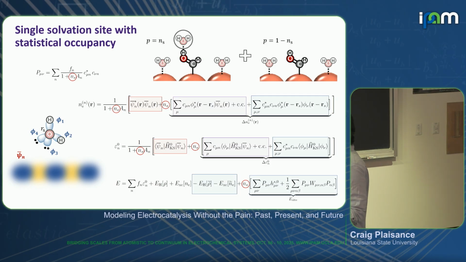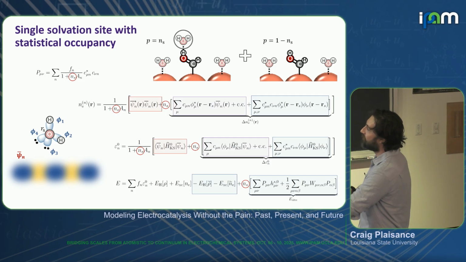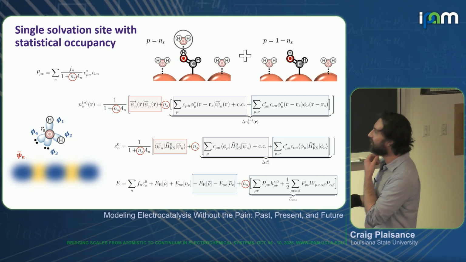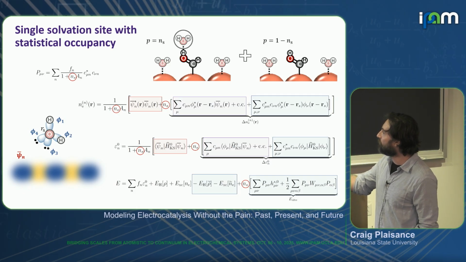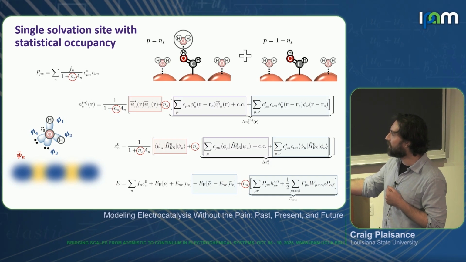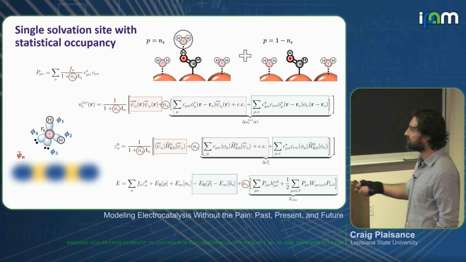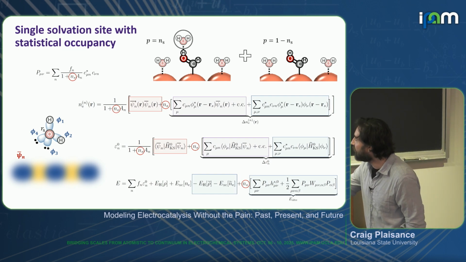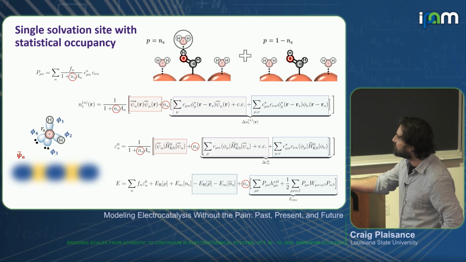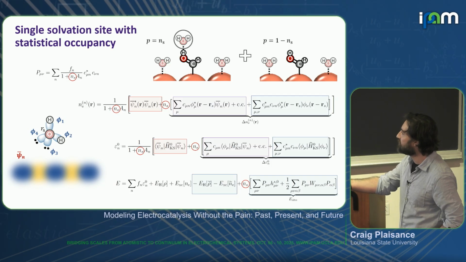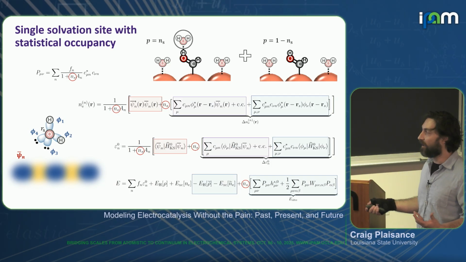Okay, so that was a single water that's always there. That's like a static calculation. What if we considered that the occupancy of that site could vary? Now we can consider two states, one with the water and one without. We define an occupancy N_S, where the occupied state has probability N_S and the unoccupied has probability 1 minus N_S. And now we just insert N_S into all of these equations. Basically, these interference and on-site terms get scaled by this site occupancy.